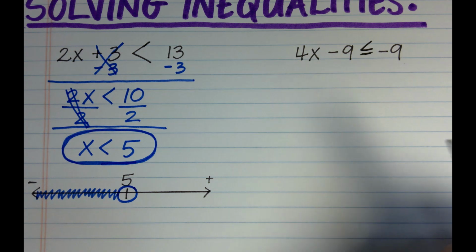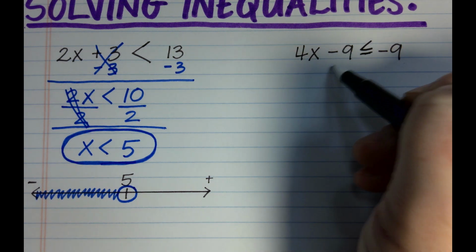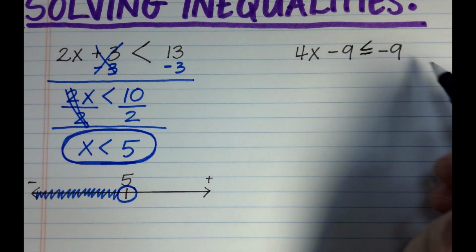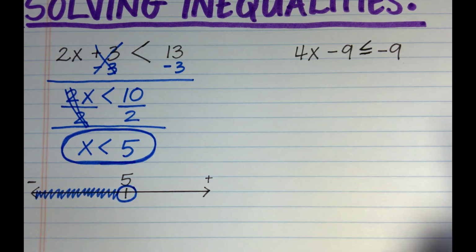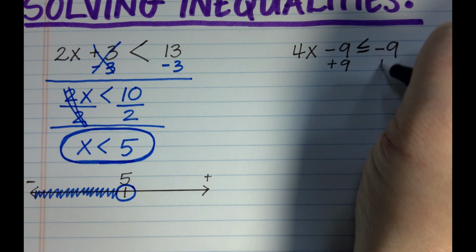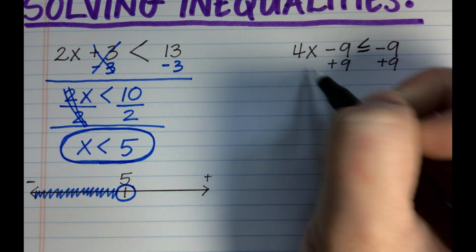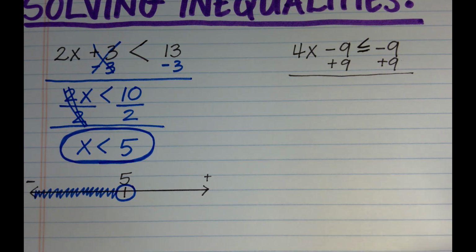We have -9 here. Technically, I guess it doesn't really make a difference which one you do it to because you're doing the same thing. If I add 9 to both sides here, I'm going to be adding 9 to both sides. If I do it here, it's still adding 9 to both sides. It's got the same number, so it was kind of not a great question that I even asked you. I didn't realize it.